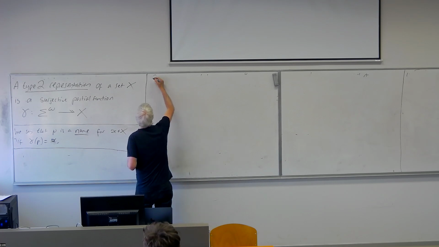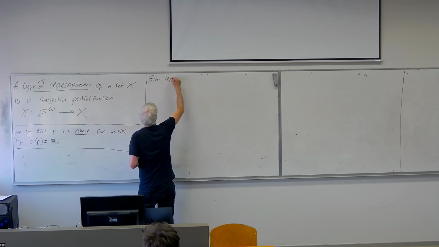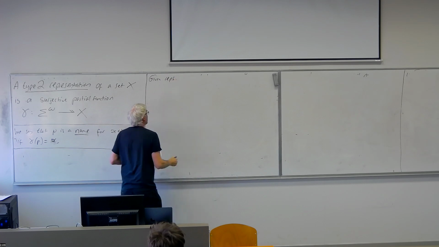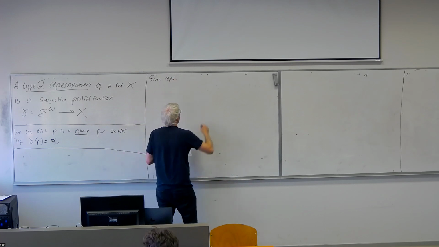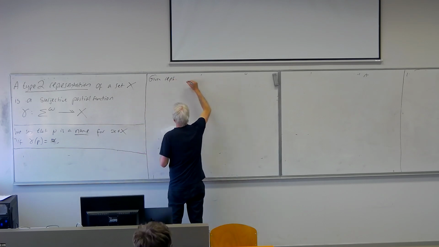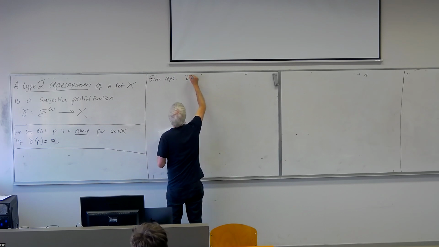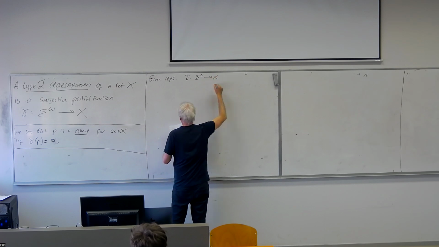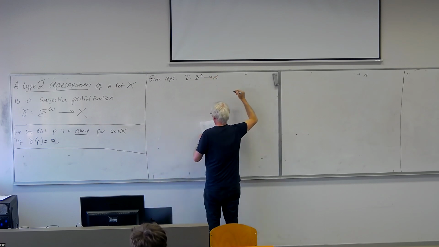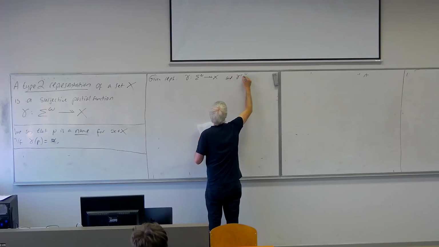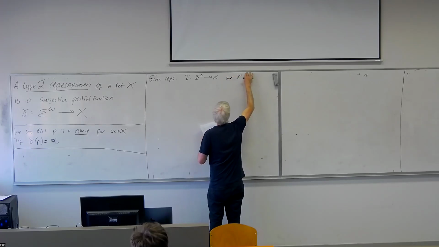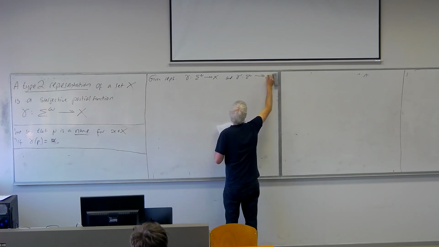So we're given type 2 representations: gamma, a type 2 representation of X, and gamma prime, a type 2 representation of X prime.